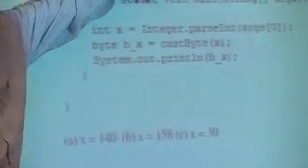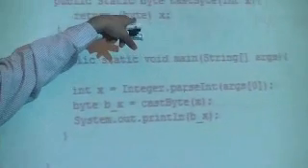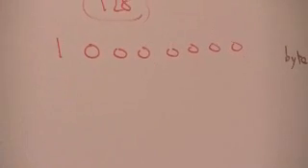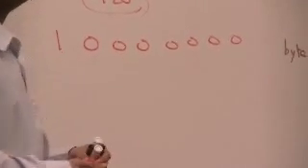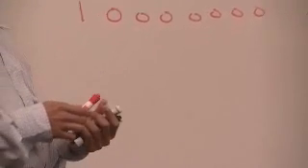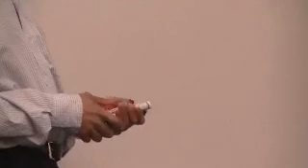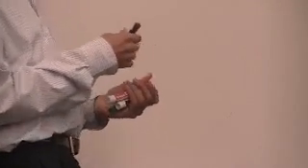So that's what I'm doing here. I'm passing an integer for x and typecasting to a byte, and I'm printing the value after I typecast it. If I pass 128 as an integer, I want to see what it gets printed as a byte.